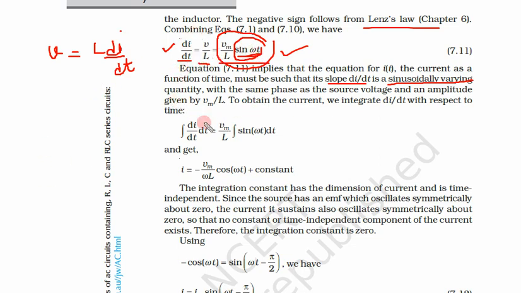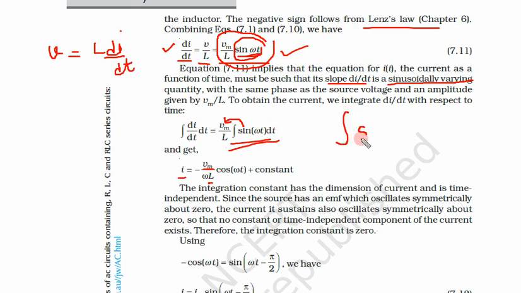Now let us integrate both sides with respect to dt. Di upon dt is Vm upon L, which is a constant, so it comes out of the integration, times sin omega t dt. After integration, the di becomes I. Vm upon L is a constant, and what is the integral of sin omega t dt?